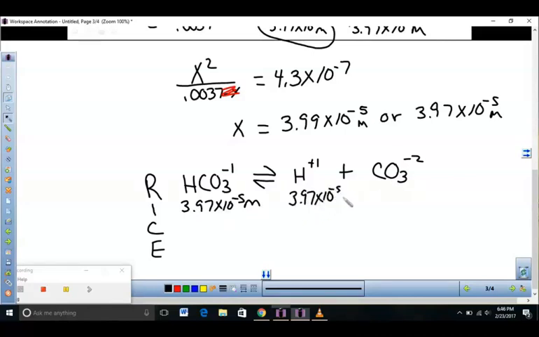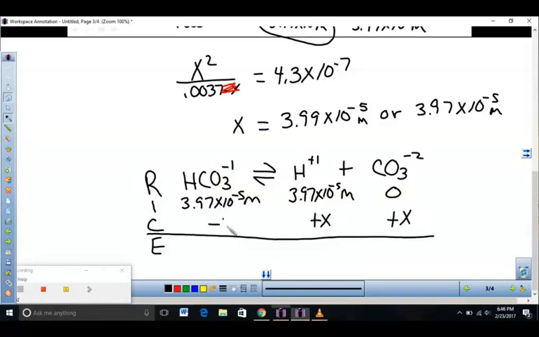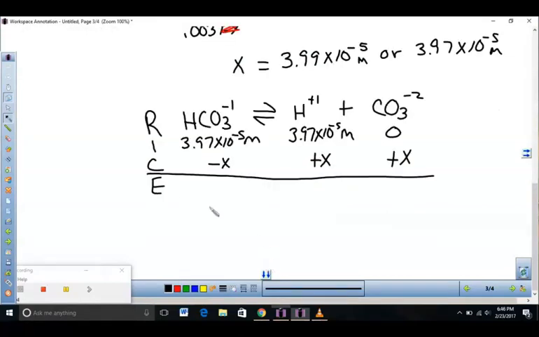And nowhere up there did it mention the carbonate, so it's starting out at 0, which is good because if it starts out at 0, we know where we need to add the x to. So we're going to add the x here, add the x here, and subtract the x there. So we get 3.97 times 10 to the negative 5th minus x, and then 3.97 times 10 to the negative 5th plus x, and then 0 plus x.